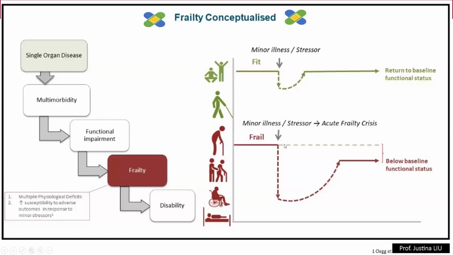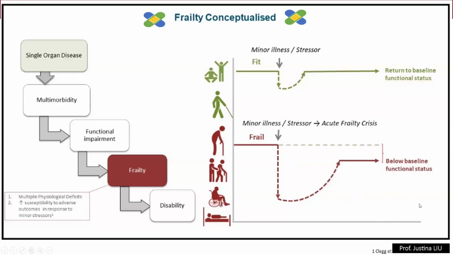But look at the red line, it represents people with frailty. Maybe the same stressor comes into their life, they will experience a significant reduction in their functional abilities, and they will take a much longer period of time before they can recover. However, they may never return to their original level of independence.